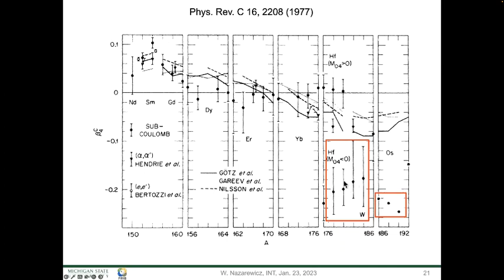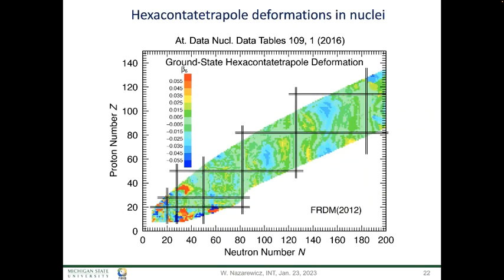Like here, you have one set of solutions with hexadecapole deformation greater than zero and some with less than zero. And this is because of interference effects. But this just shows you that there is some amount of experimental data on higher order multipolarities.